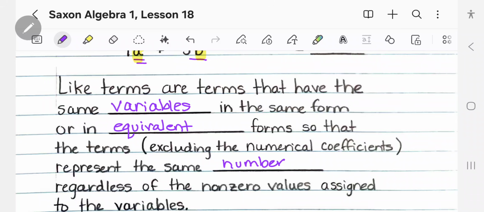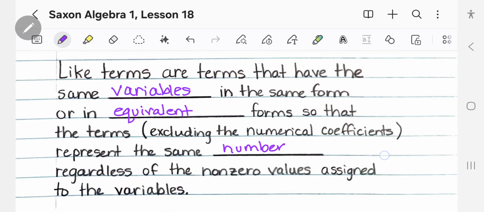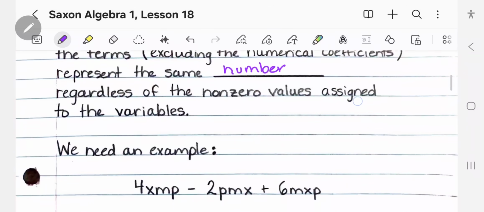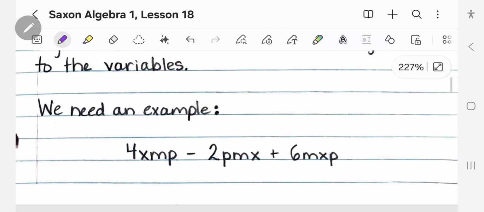So what it's saying is things are like terms if they have the same variable, so that if you substitute a value in for the variable, they both are going to have the same value. Now that's kind of not very clear maybe until we have an example. So let's go with an example to help clear that definition up.